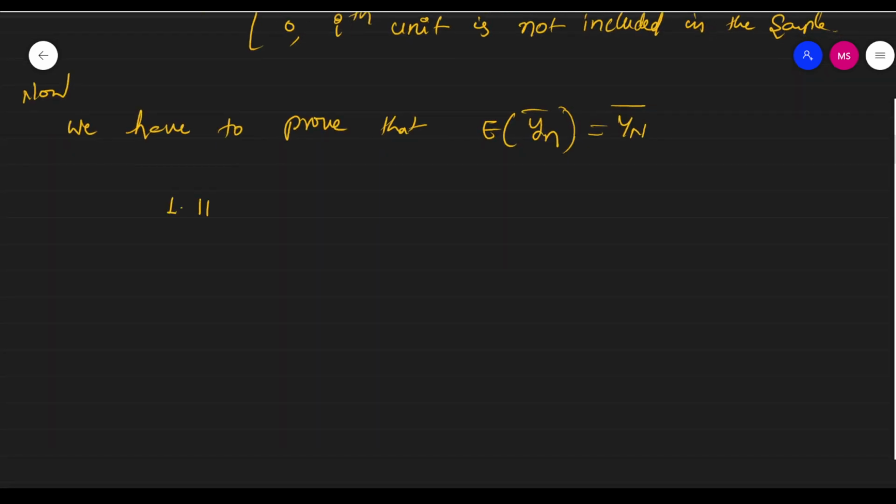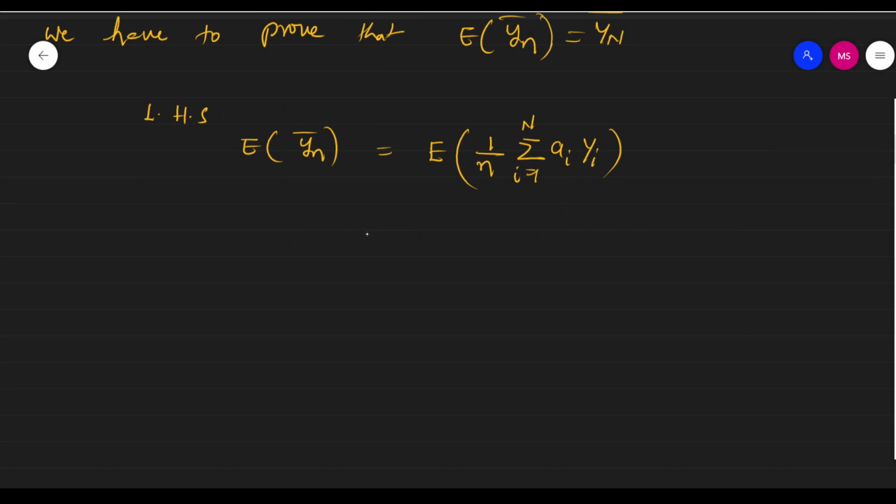LHS is expectation of yn bar. What is the yn bar formula? Very simple: 1 by small n, summation i running from 1 to n, ai into yi. That is the sample mean formula.